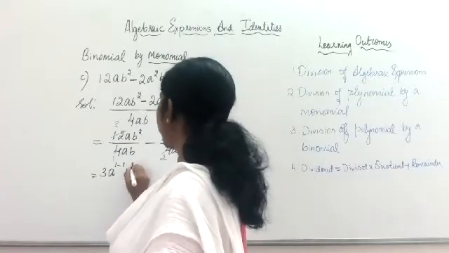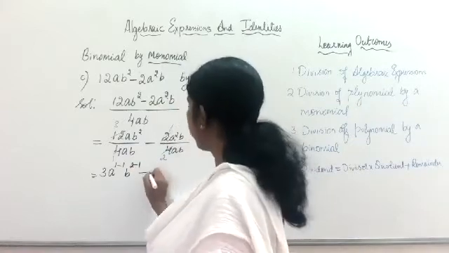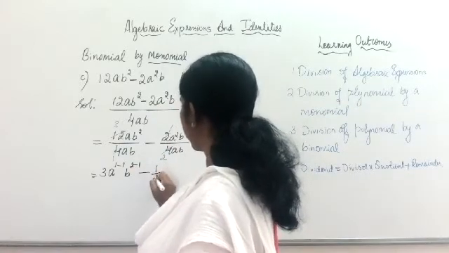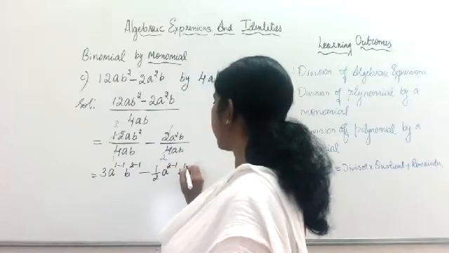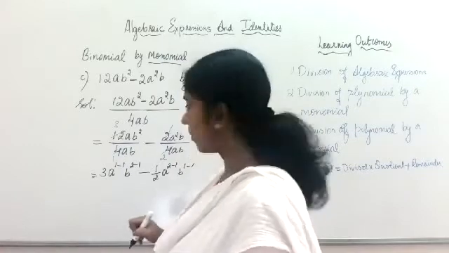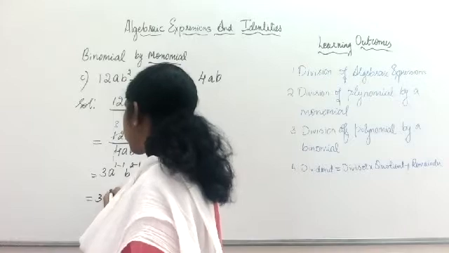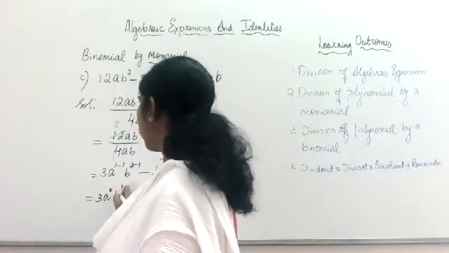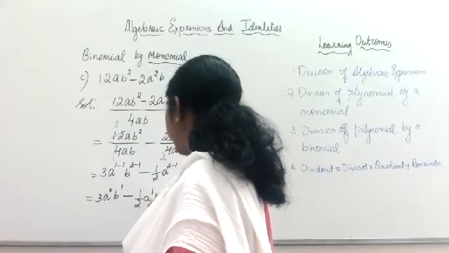B to the power 2 in the numerator, denominator is B to the power 1, so it's 2 minus 1. Minus 1 by 2, A to the power 2 minus 1, B to the power 1 minus 1. This numerator B1, denominator also B1. So this will be equal to 3 A to the power 0, B to the power 1, minus half into A to the power 1, B to the power 0.